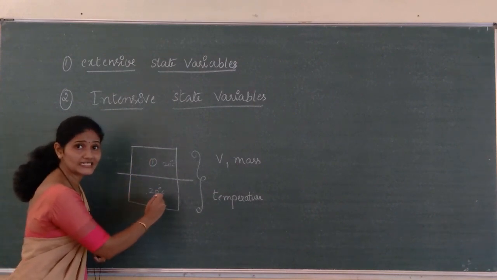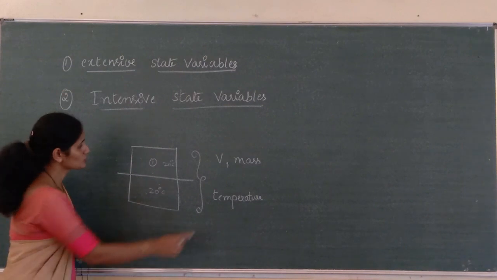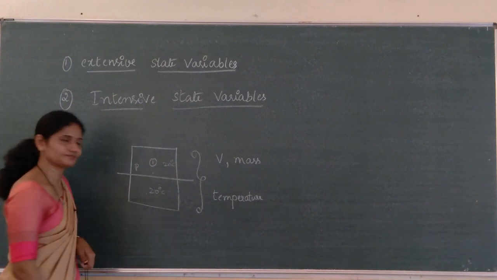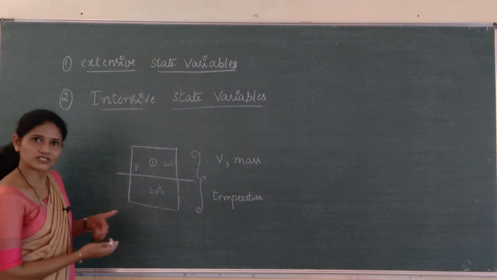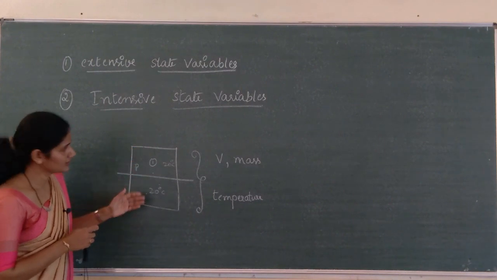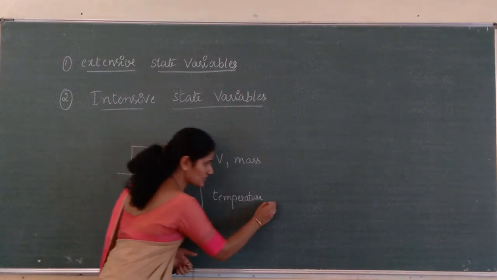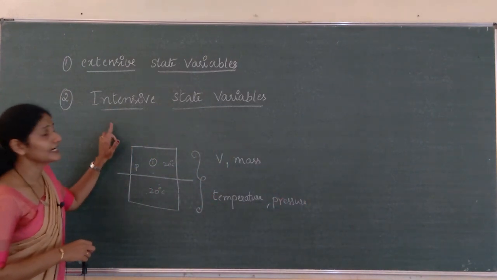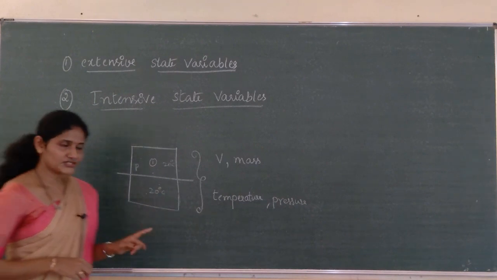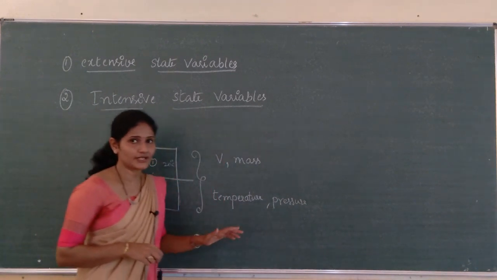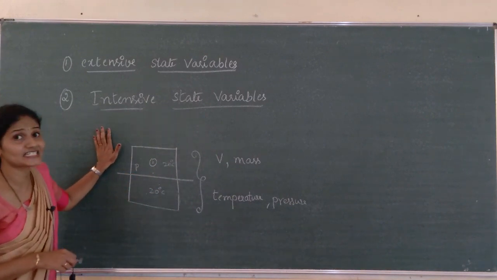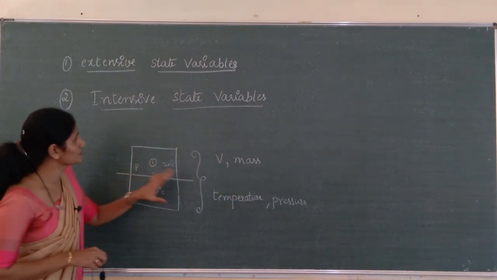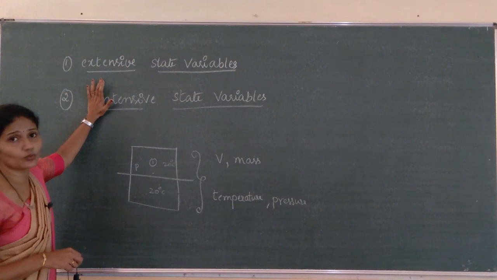Temperature is independent of the size of the system, so temperature is an intensive state variable. What happens to the pressure? Pressure is also the same, so pressure is also intensive. Pressure and temperature are independent of size of the system, so they are intensive state variables, whereas volume and mass depend on size of the system, therefore they are called extensive state variables.